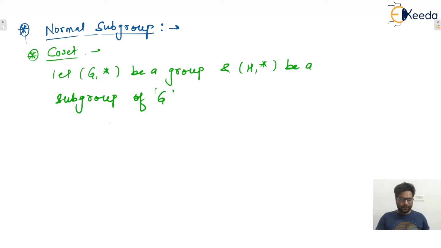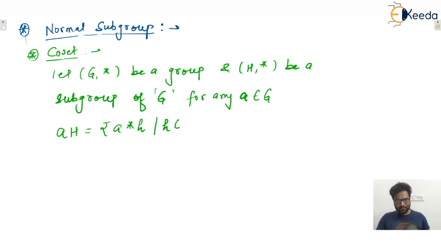Then we can say that for any a belongs to G, aH is equal to a * h such that h belongs to capital H. That is called the left coset of H determined by a.